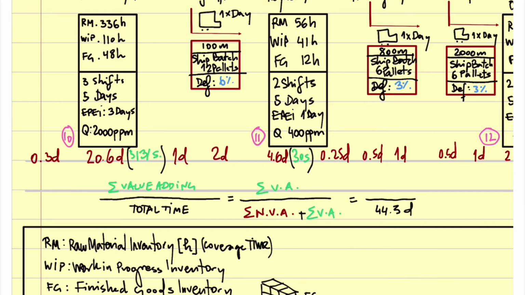Take my Taschenrechner. 44.3 days multiplied by the total time of non-value adding is 0.03544 days if you add up all the seconds.